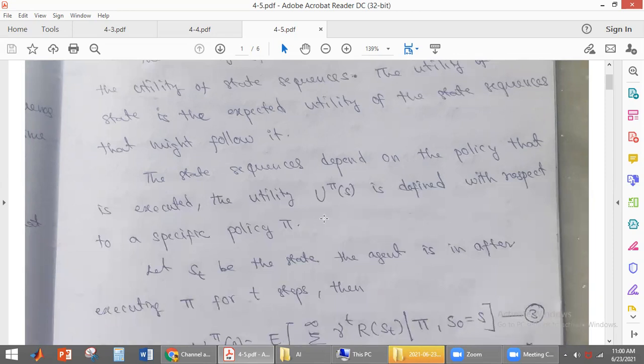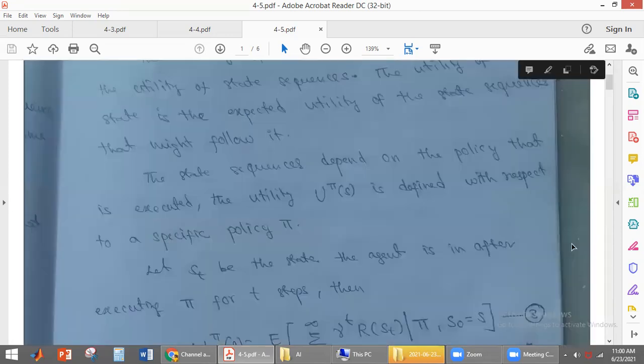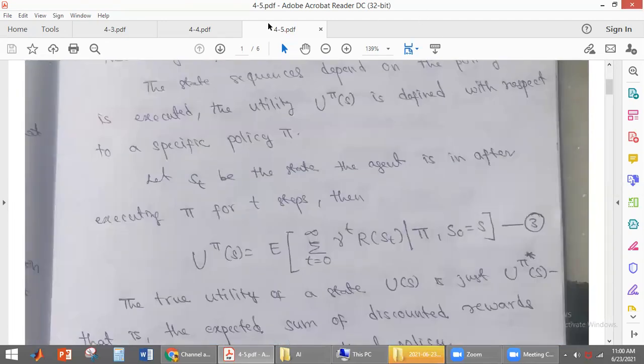So how do we define the utility? U pi of s. By executing this policy, we find the utility of the states it reaches. That is called U pi of s, the utility for a specific policy pi. Now, S_t is the state the agent is in after executing pi for t steps.